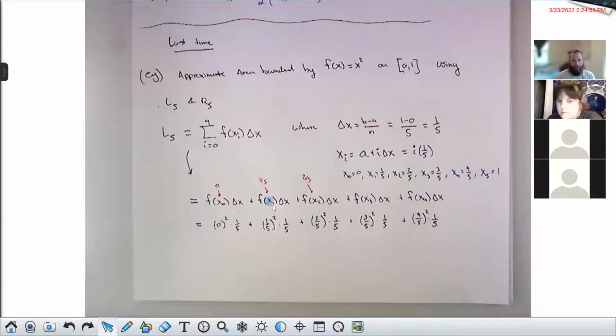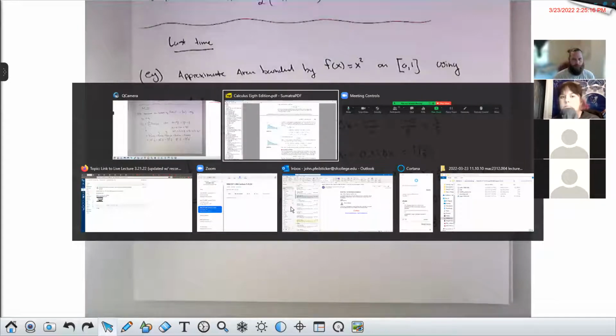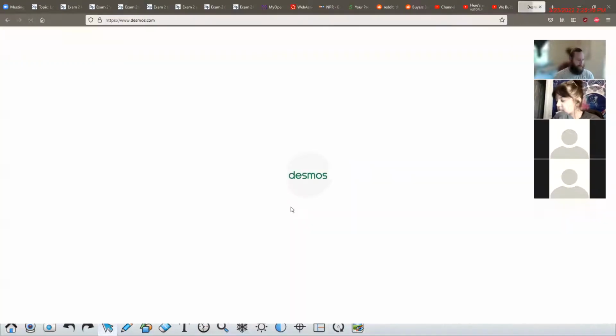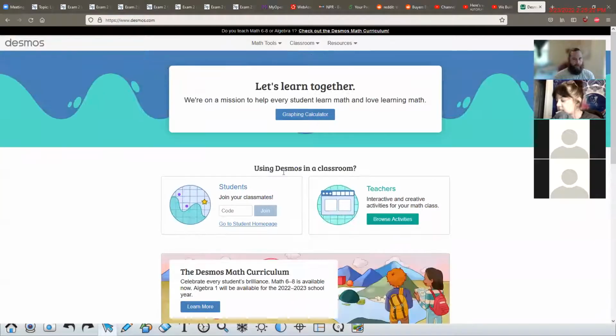So I'm taking these numbers x0, x1, x2, and plugging them into this function, then multiplying by delta x. Does that make sense? Yes, thank you. Great. We did the calculation. I think this one came out something like 0.24. Let's just see.